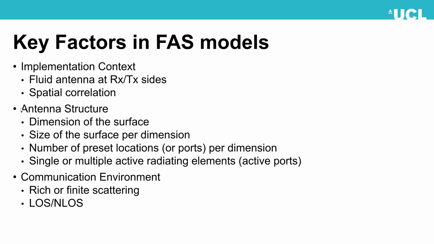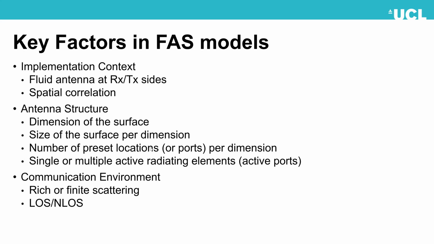Next, we need to focus on the fluid antenna structures. For example, whether the fluid antenna has one-dimensional, two-dimensional, or even three-dimensional surface. And what is the size of the surface per dimension? Like this is usually measured in terms of wavelength or lambda.